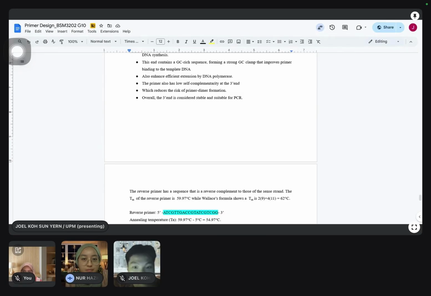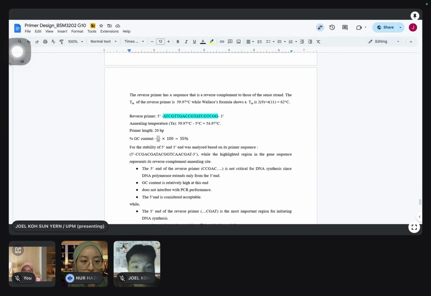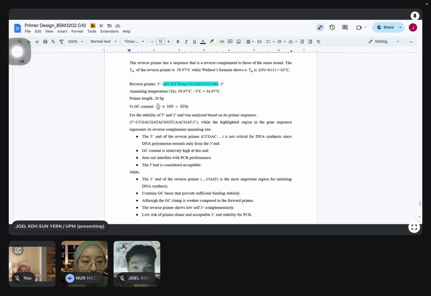And then move on to the reverse primer, which is the blue highlighted one. Its annealing temperature is 54.97 degrees Celsius, almost the same as the forward primer, and its primer length is 20, same as the forward primer. Then moving on to the stability of the 5' end and 3' end.